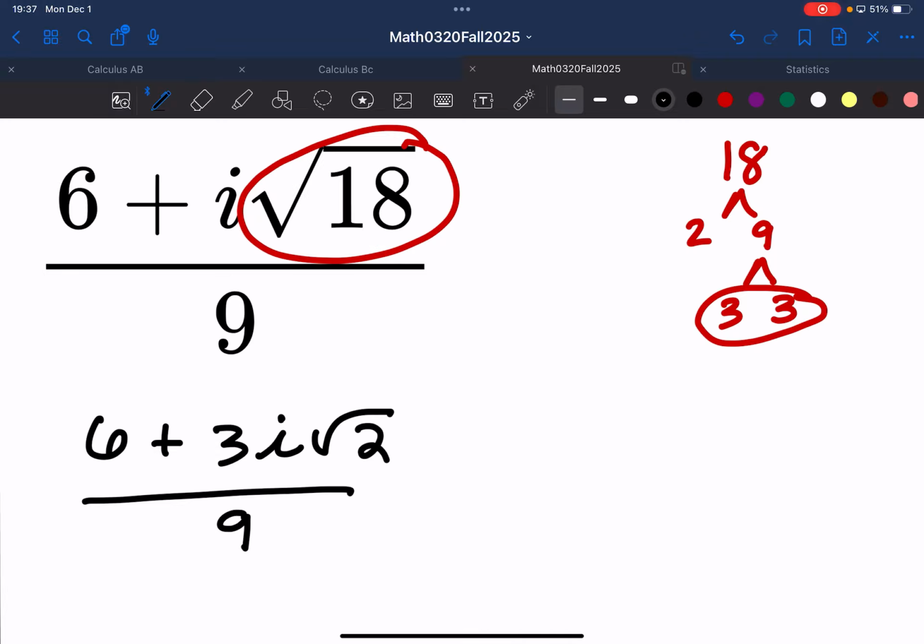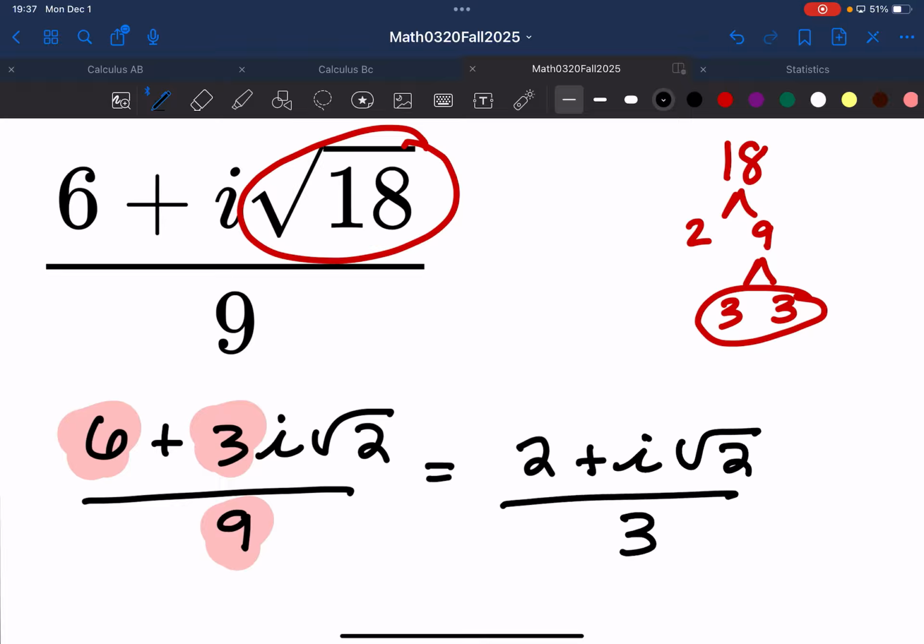And now that I simplified that, notice how I have a 6, a 3, and a 9 all on the outside, which means I can simplify by dividing by 3. So this is just 2 plus i square root of 2 over 3, and that would be my answer.